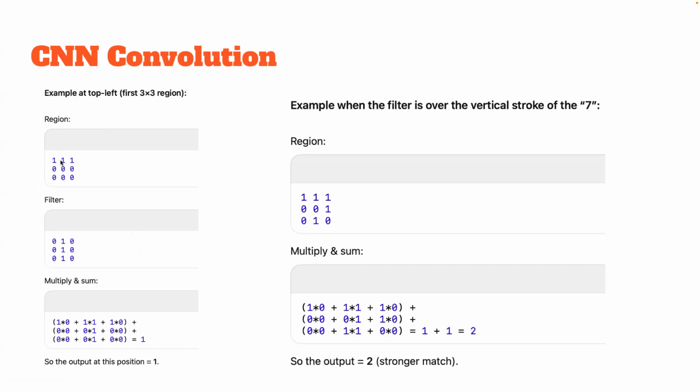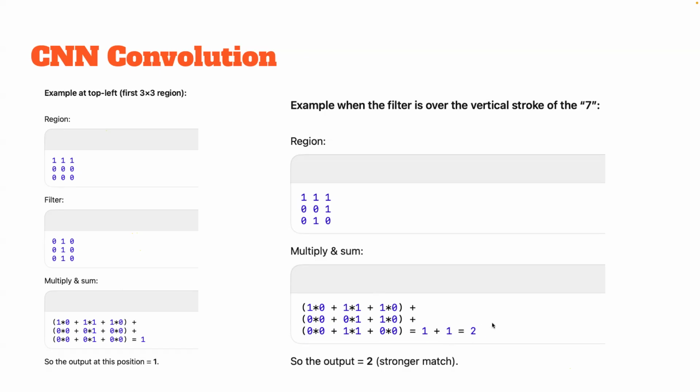In other words, for the first 3 by 3 box, there's not a very clear vertical line, but there's still something there, just a very short part at the top. So the value is one. But if you go to this area and apply this filter again, you will get a result of two, because there's a one here that can match it, and also a one in the bottom middle that can match it. So the result is two.